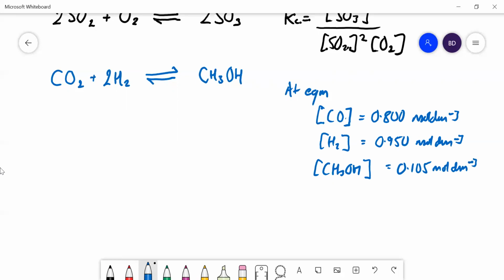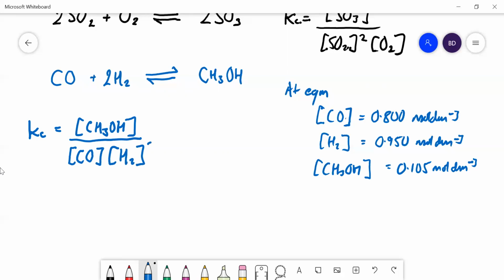So let's construct the equation. So the Kc for this particular reaction is going to be, Kc is equal to the concentration of methanol to the power of 1 over the concentration of CO, the concentration of carbon monoxide, multiplied by the concentration of hydrogen, and that's got to be squared.